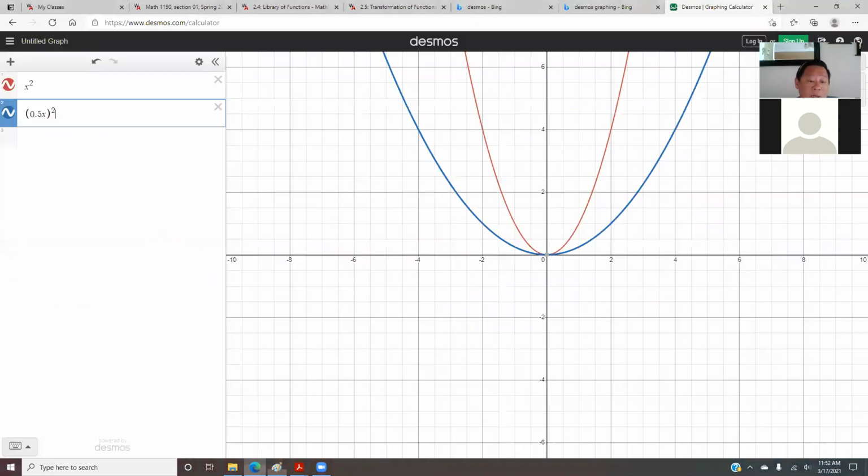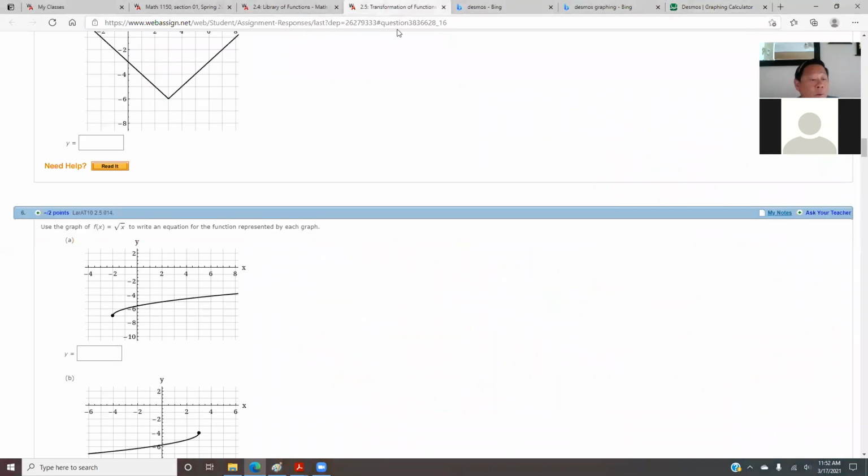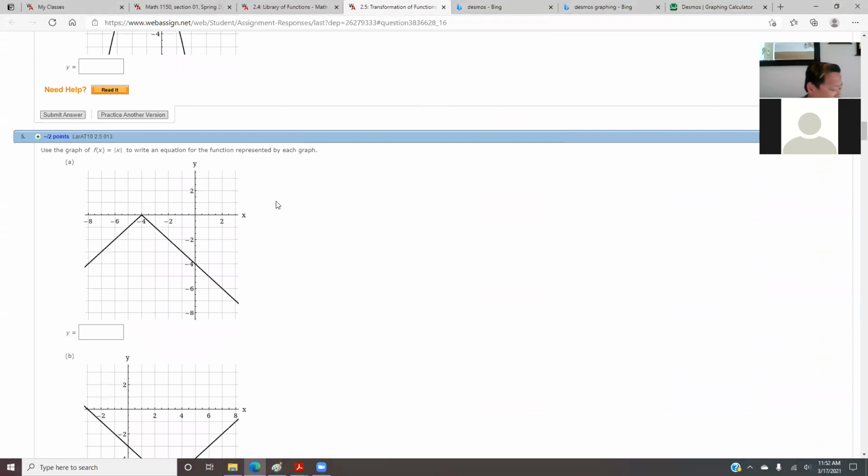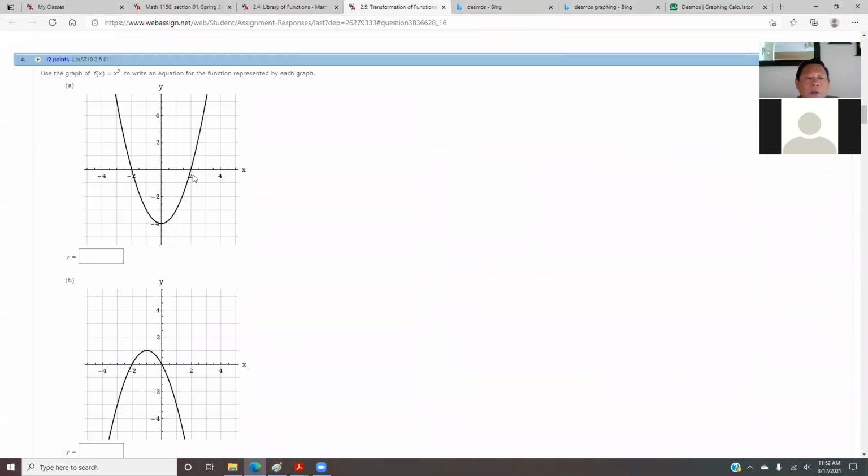So what you do here is you look at your graph on number 4. We know this is a parabola, but can you tell me what happens to this graph? Do we move up, down, left, right? I think down. How many? By 4.